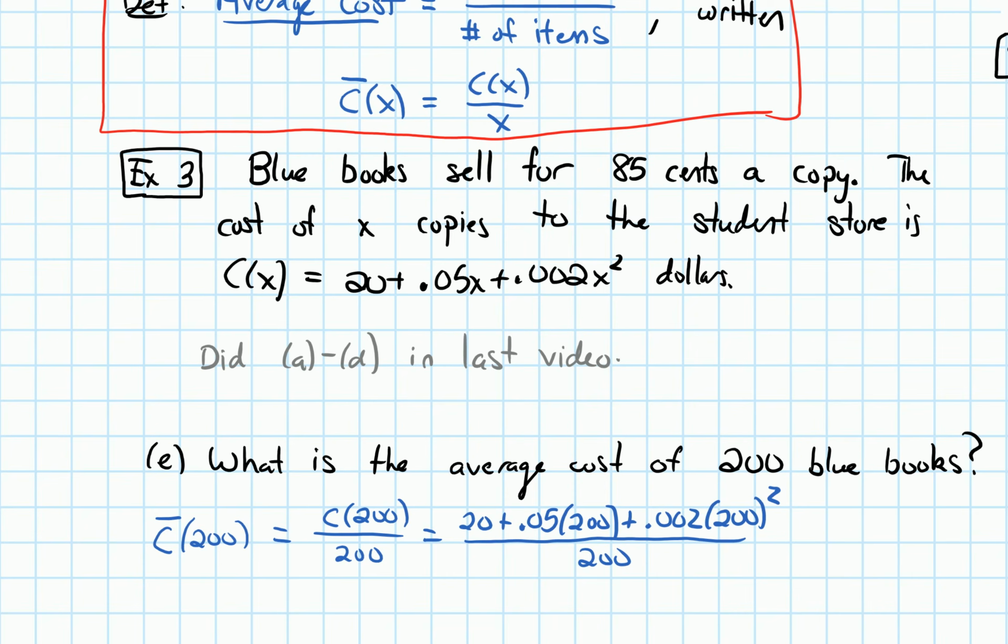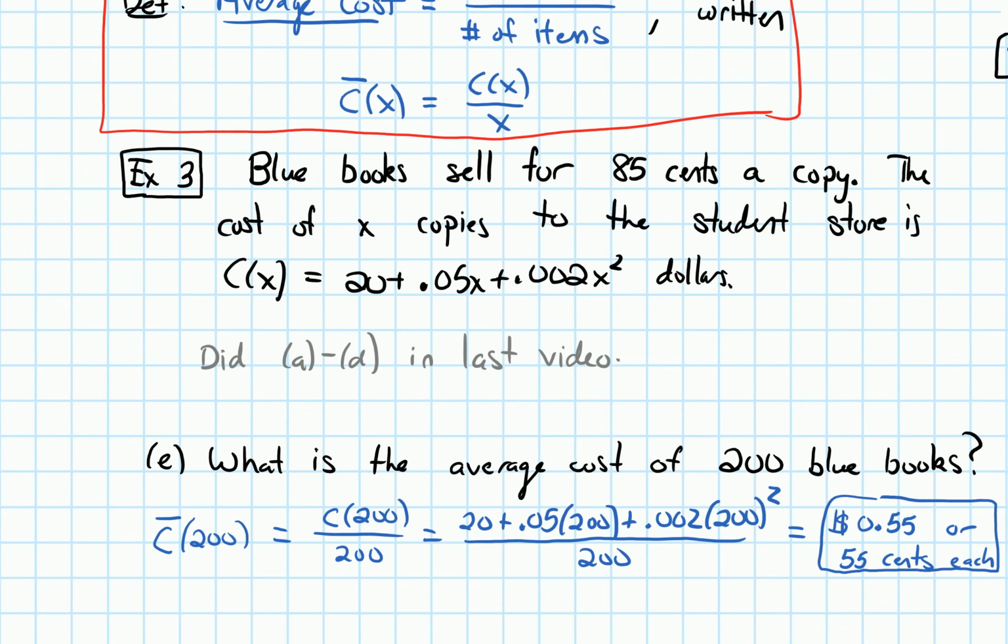If we evaluate this, it comes out to, and the units are dollars, $0.55, or in cents, 55 cents. So the average cost of 200 blue books would be 55 cents each.